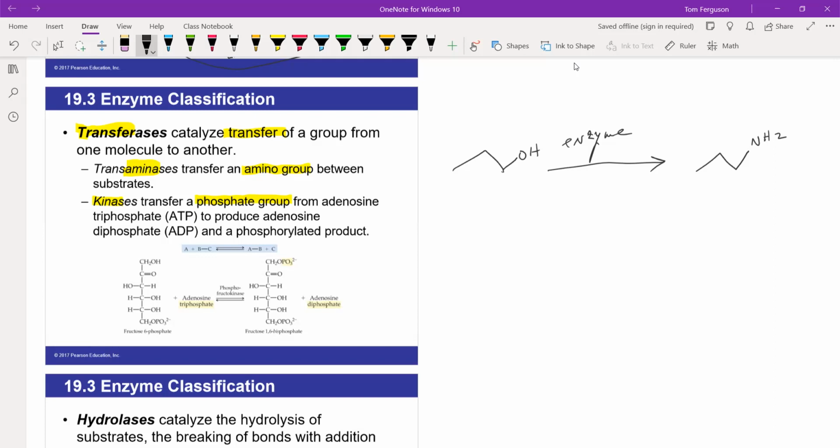That would be a transaminase. It transfers an amino group.